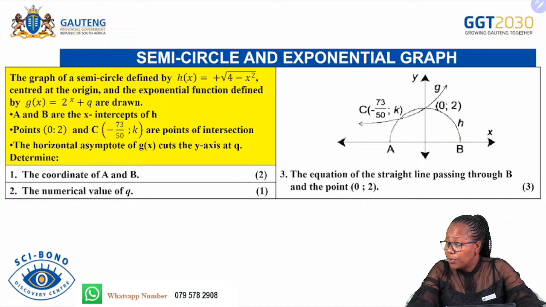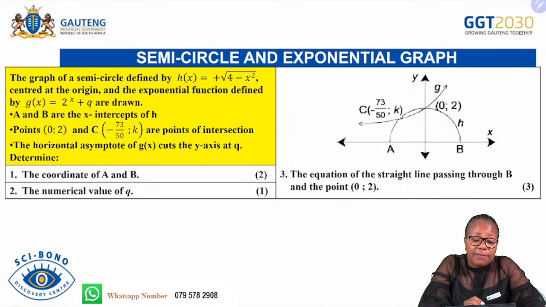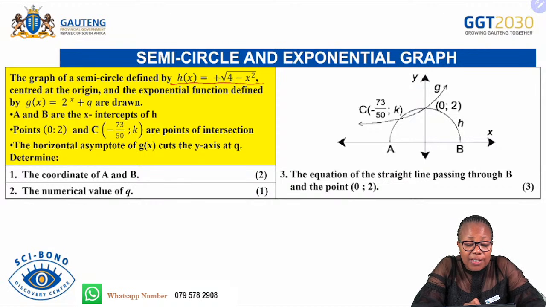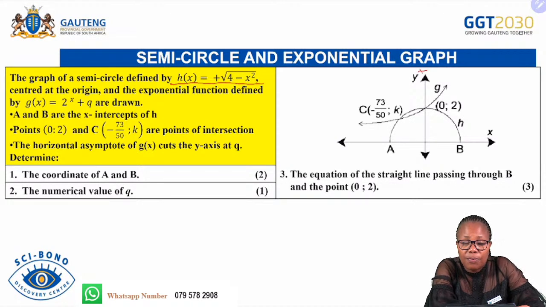Okay, now we move to semicircle and the exponential graph again. The graph of a semicircle defined by h at x, look at that, grade 12. It's a positive semicircle, and it's y equal to, that is why our graph is on the positive y side. It relates to the formula that is given to us, okay?